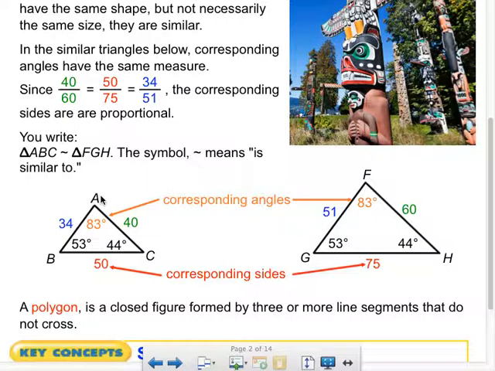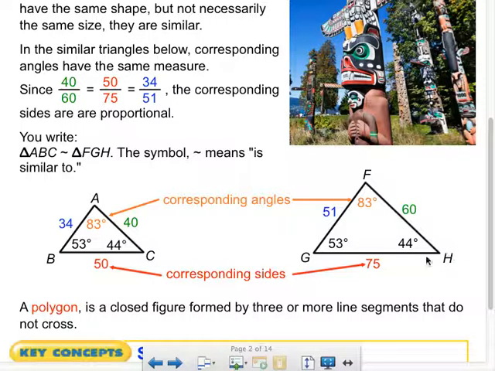So what corresponds with angle A? Can somebody tell me what corresponds to angle A in this other shape, and what's the measurement of angle A? Go ahead, Sergio. F, and the angle is 83. Right, so A is 83, and it corresponds with angle F, which is also 83. Can somebody tell me what angle corresponds with angle H?